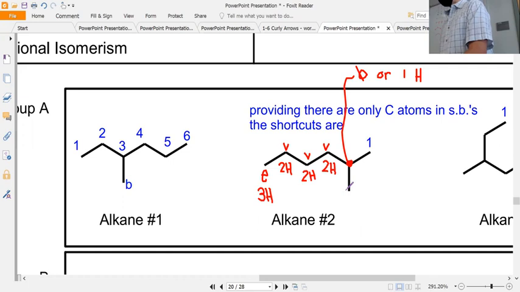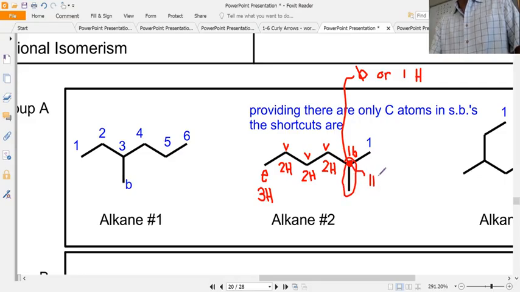We have 6 bonds to carbon. What do you want? Branches or hydrogens? You have a cap of 4. So this has 1 branch downward, right? Branch is down. I circled it. So therefore, this carbon has, you can calculate it, you have the power to calculate it, 1 hydrogen.